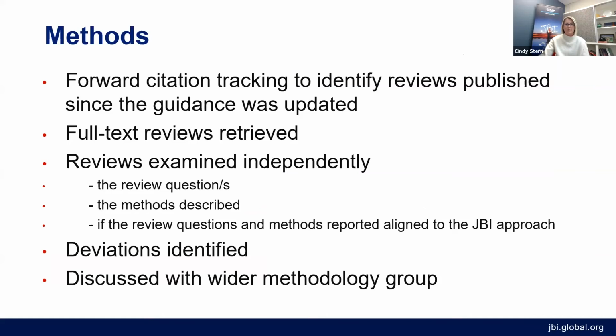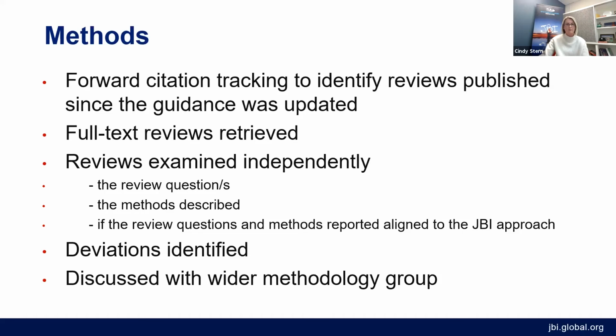So what we did is we undertook forward citation tracking of the two seminal methodology papers published by the methodology group. This was done in June 2021 by one member of the group, who located all published mixed method systematic reviews that had cited the JBI methodology and reported that they had followed its guidance. So we excluded protocols.